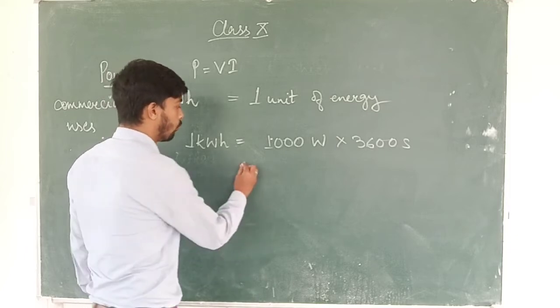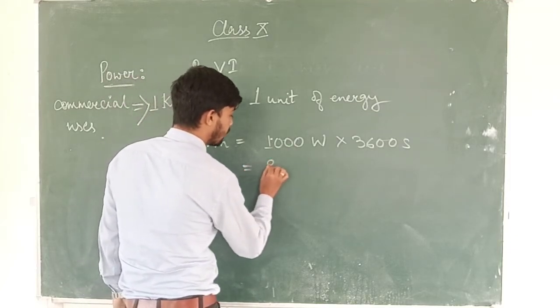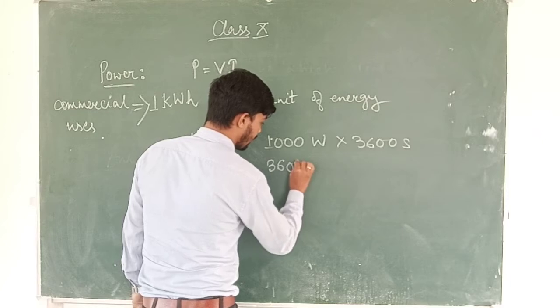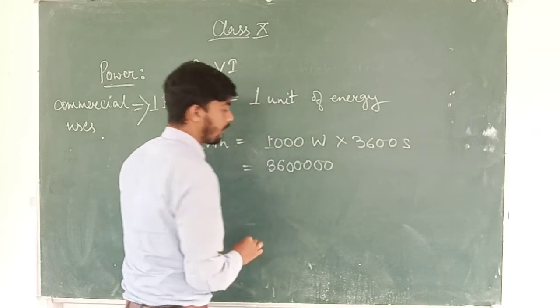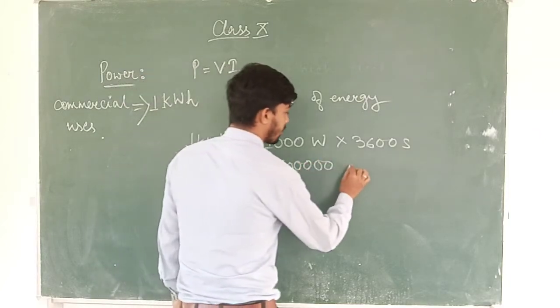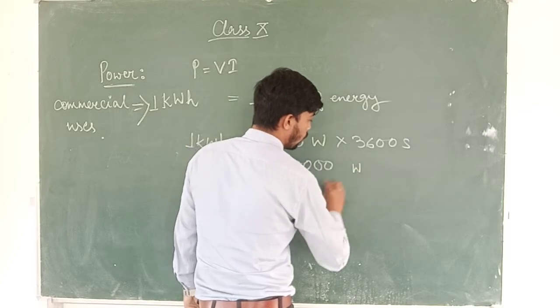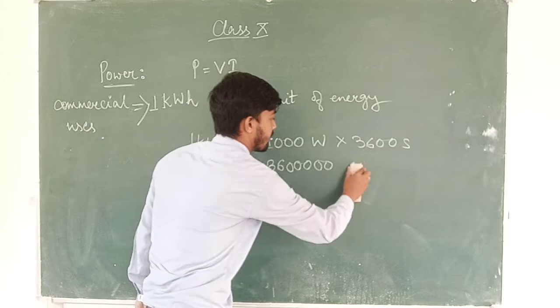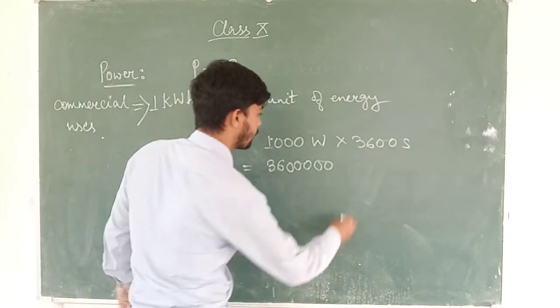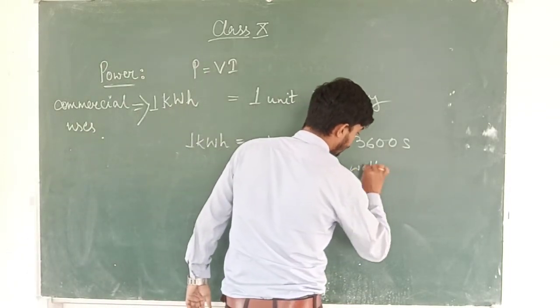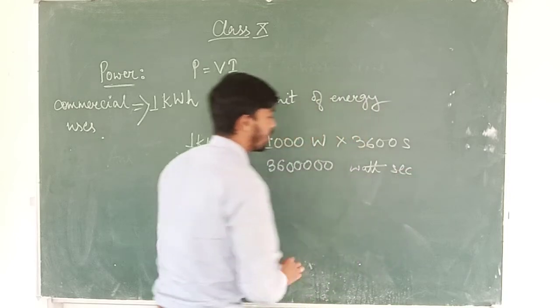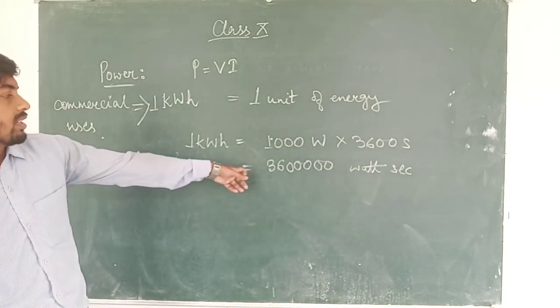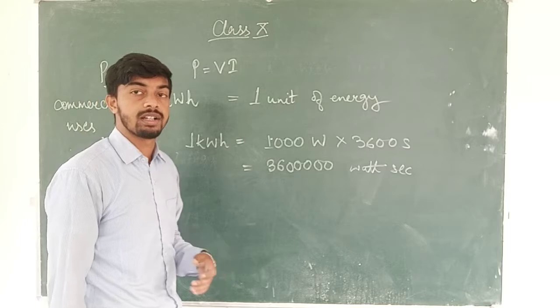We multiply these and get 36 and 5 zeros, which is 36 lakh watt seconds.